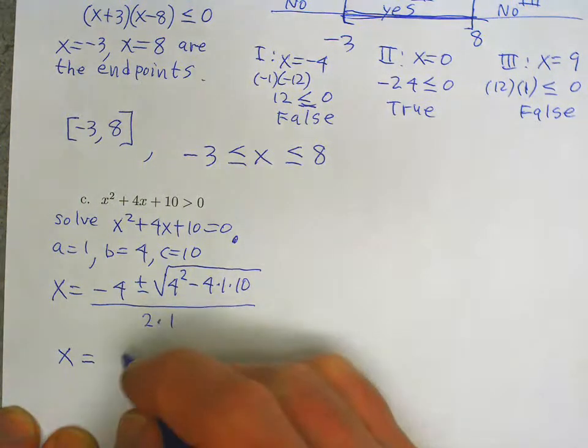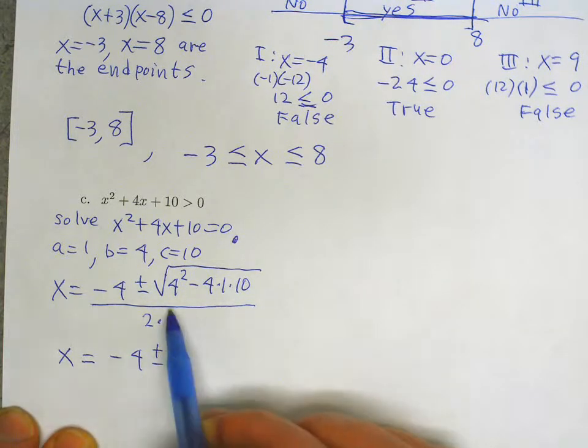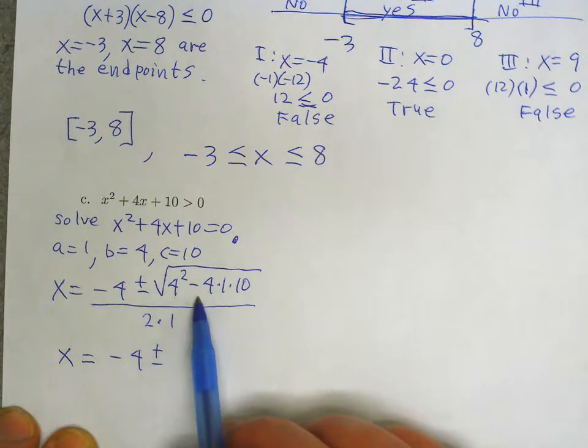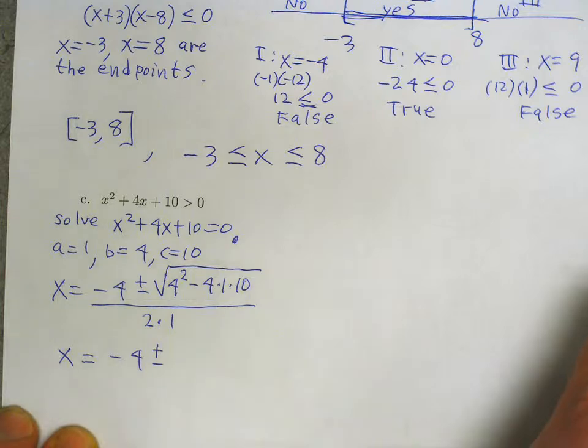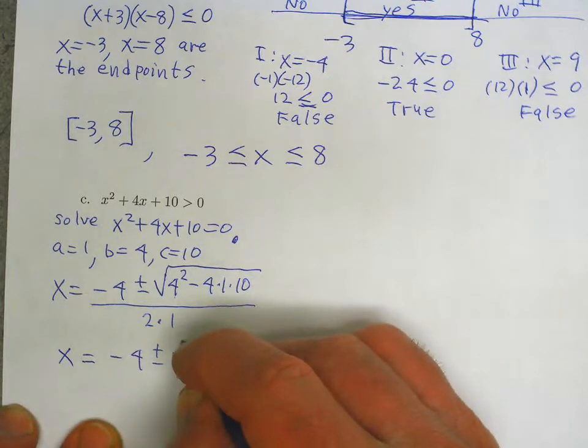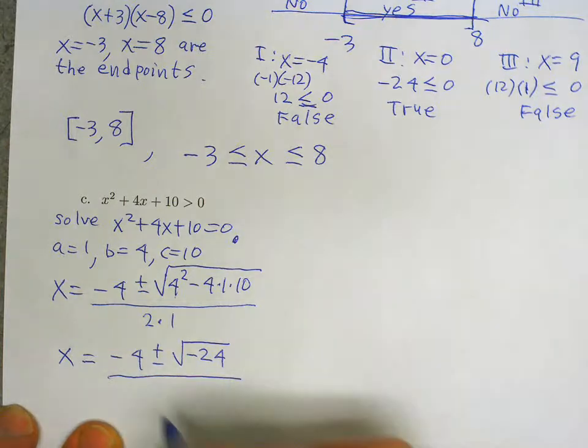So x equals -4 plus and minus, inside the square root, 4 squared is 16. 16 minus 4 times 1 times 10 is 16 minus 40, which is -24. And then divide it all by 2.